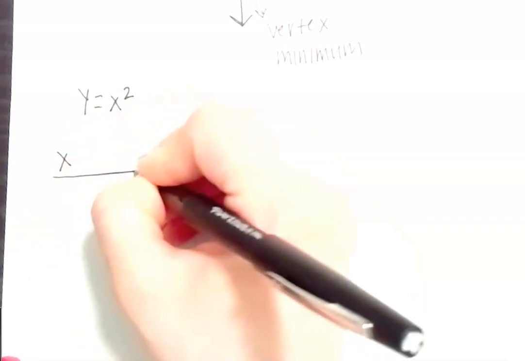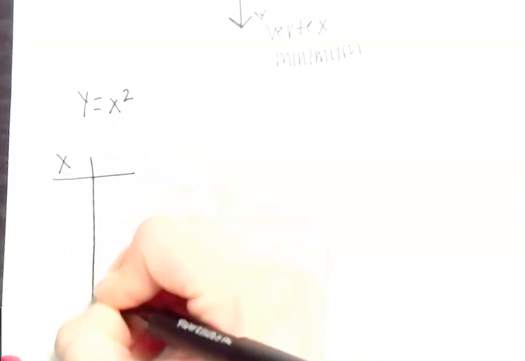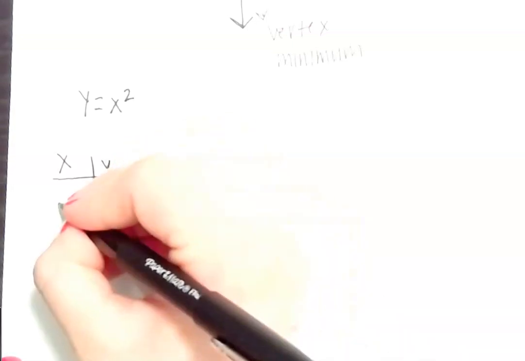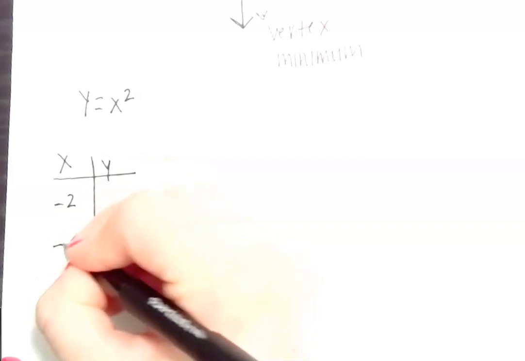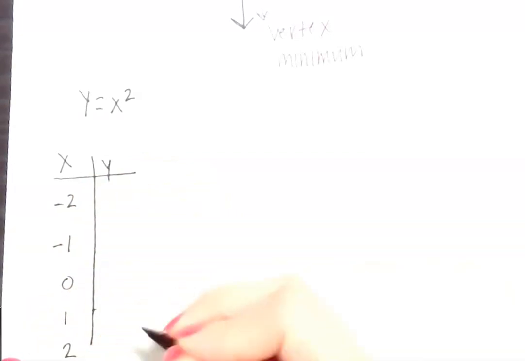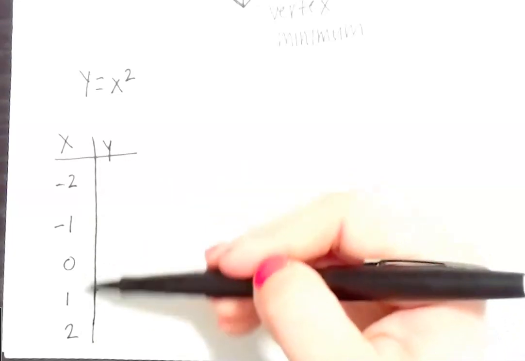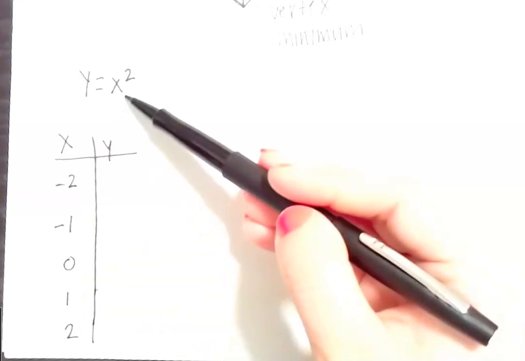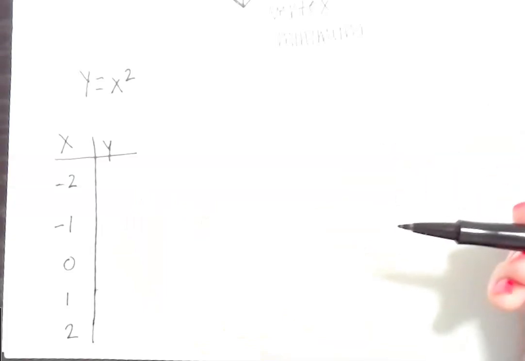For our purposes today, when you have to graph, you're always going to plug in these 5 values. Now we plug into our equation, see what we get for our outputs, and then sketch a graph.